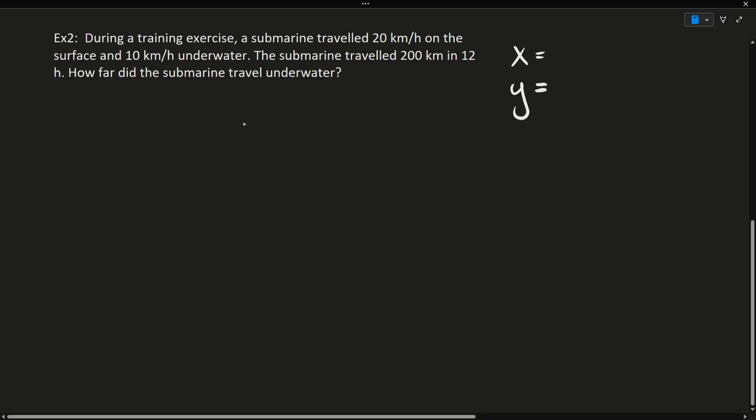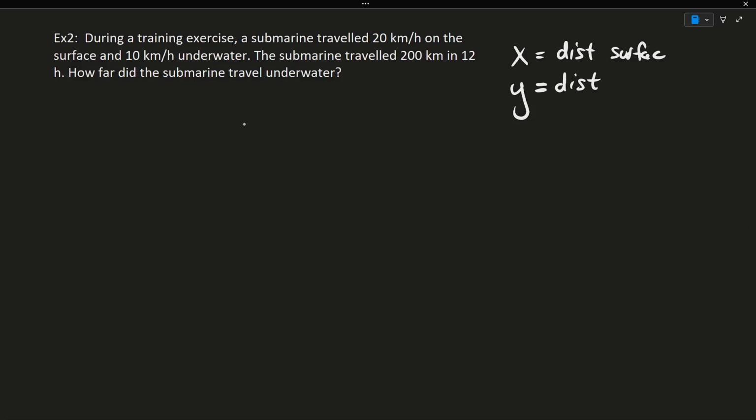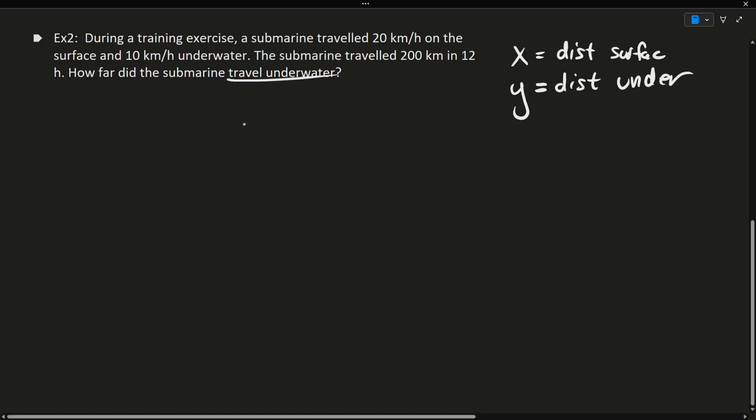We're going to let x be the surface distance, so the distance on the surface. And we're going to make y be the distance underwater. And that's what we want to find, y. Okay?